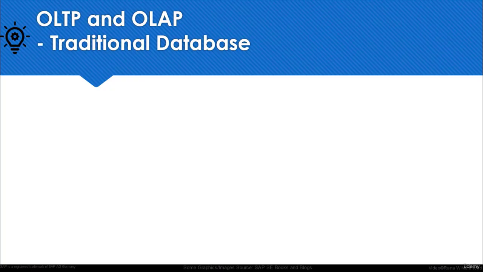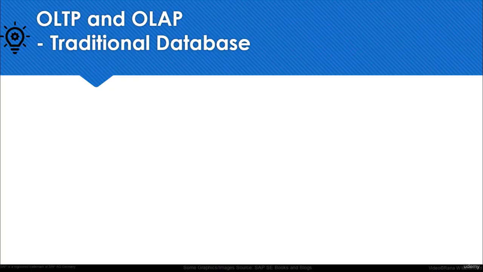So SAP HANA database supports both OLTP and OLAP processing, and we do not need to move the transactional data to a separate system, which is actually time consuming for the users. The same table in SAP HANA runs both transactional and analytical applications, and so the data is available in real time at every level of detail.